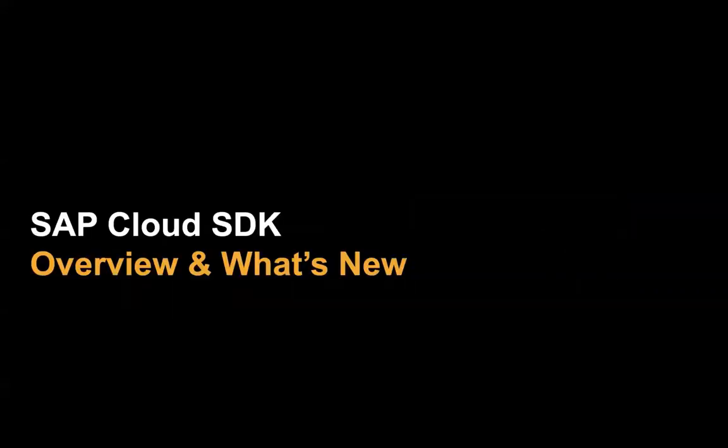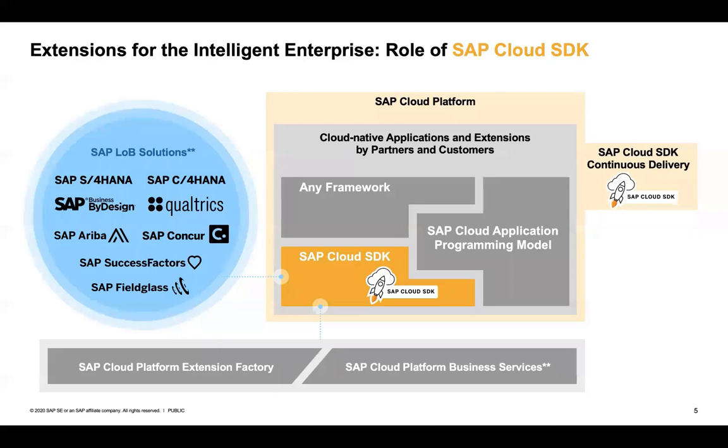All right, many of you already know the SAP Cloud SDK, but for those that are joining us for the first time, I'll start with a small recap. What is the Cloud SDK? To explain this, we'll have a look at this picture demonstrating a high-level view of an SAP application.